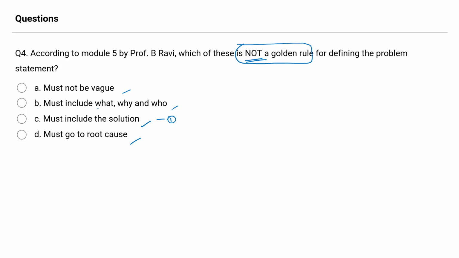Must not be vague, must include why, what, and who, must include the solution, must go to the root cause. So one of the responses have responded.